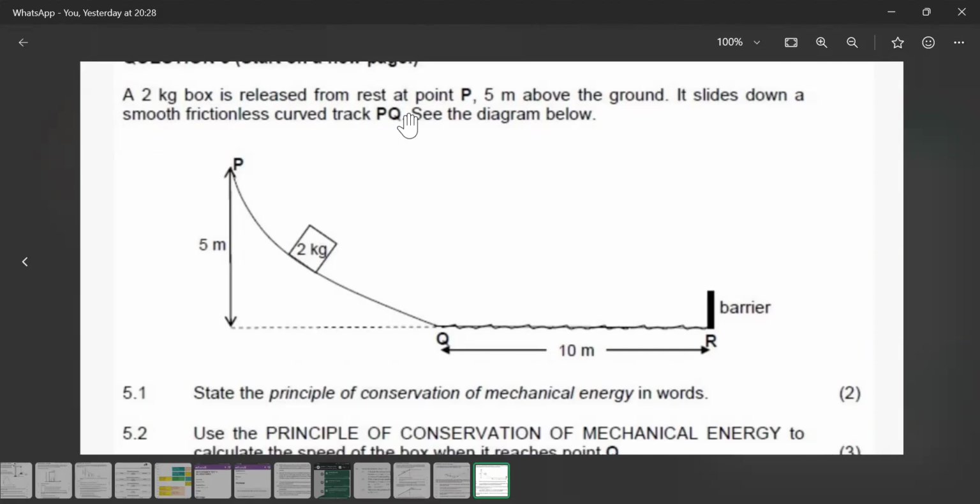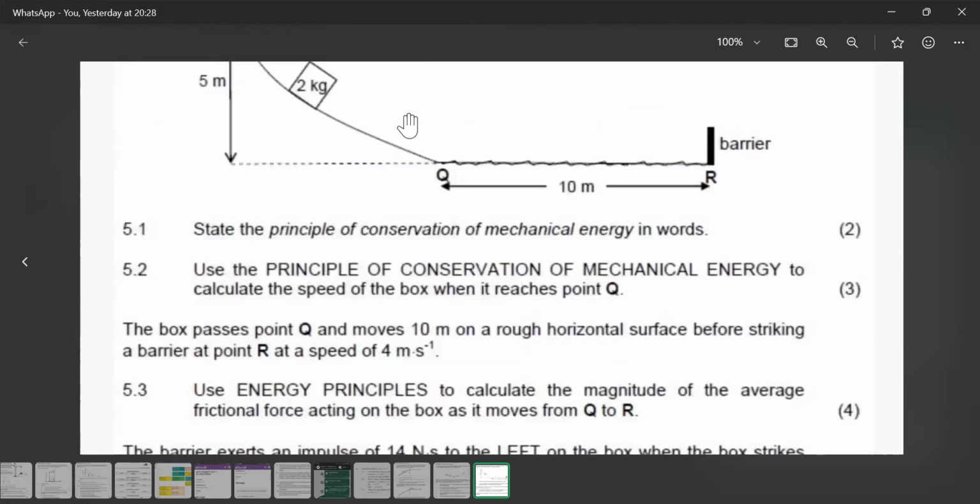They also tell us that from the point Q all the way to the point R, the distance is going to be 10 meters, which is also the displacement of the box. And then they say there's going to be a barrier at the point R. Of course, a barrier is anything that stops the motion of an object. So maybe it's going to stop when it strikes the barrier there.